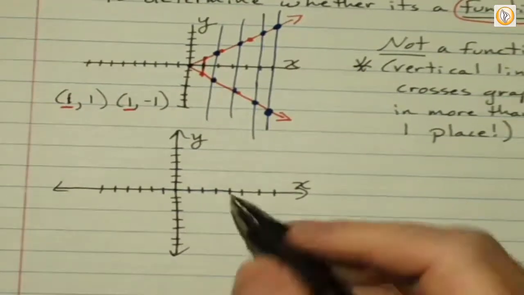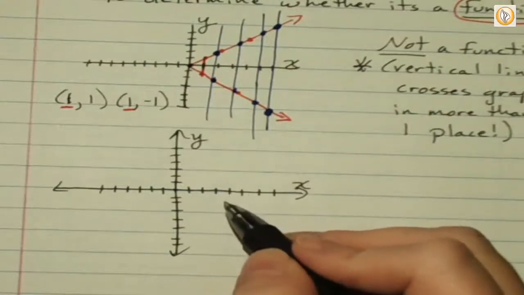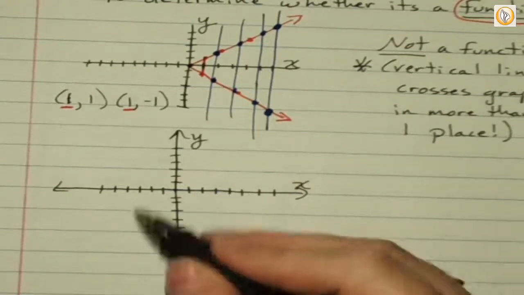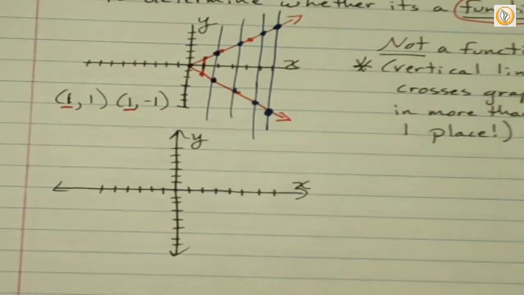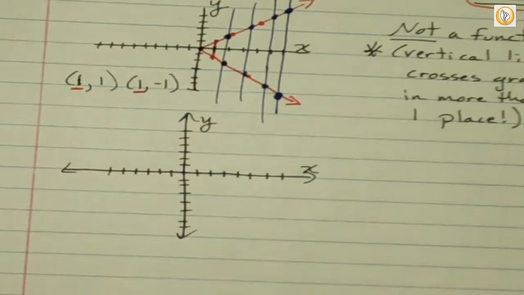Now, when you're doing your homework, you are not going to write in a bunch of these things. You're going to use each line of the graph paper. But for notes, we're doing it this way. Okay, so draw your Cartesian plane. Taylor, are you drawing it? Okay, good.